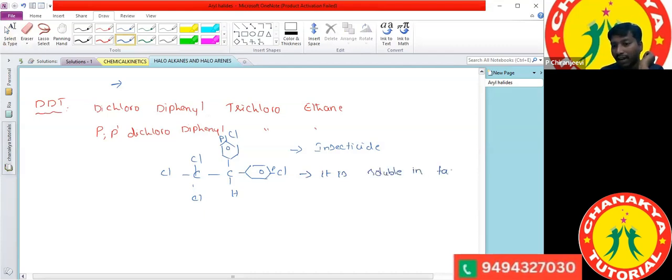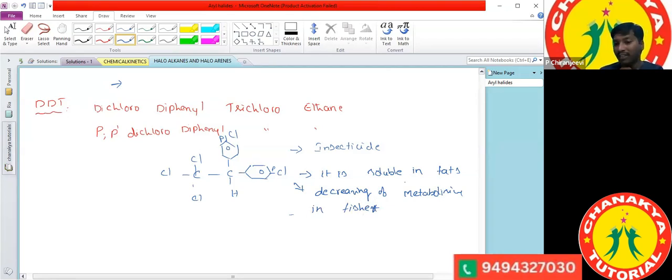Whenever it is soluble in fats, it started decreasing the metabolism in fishes.